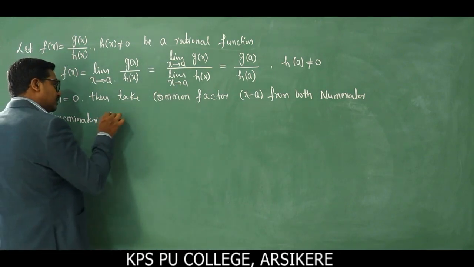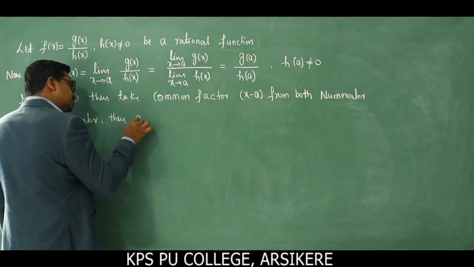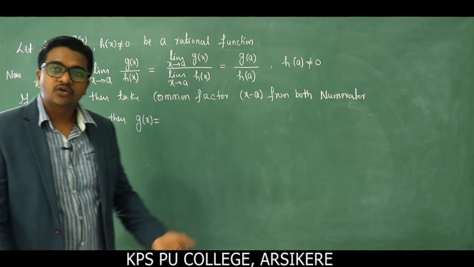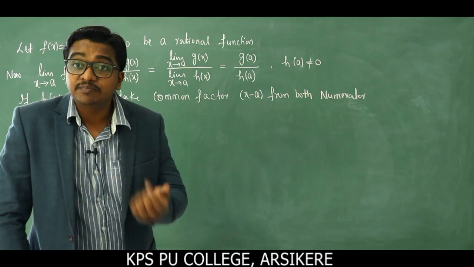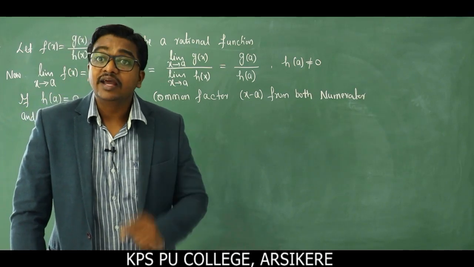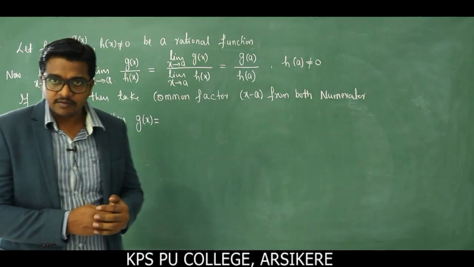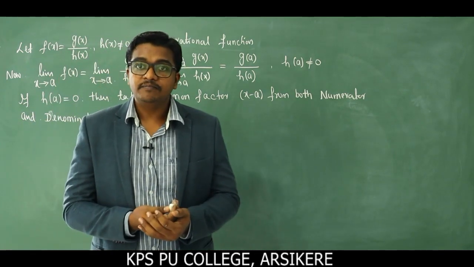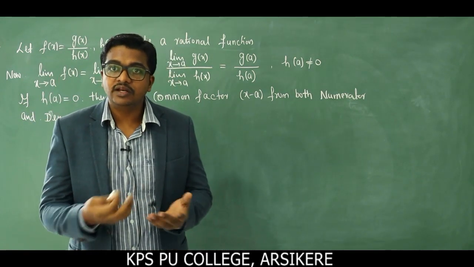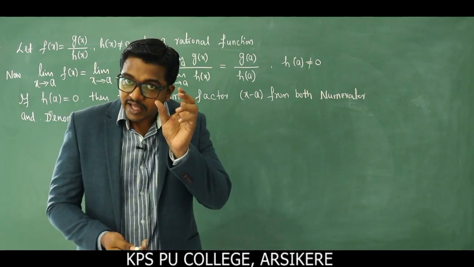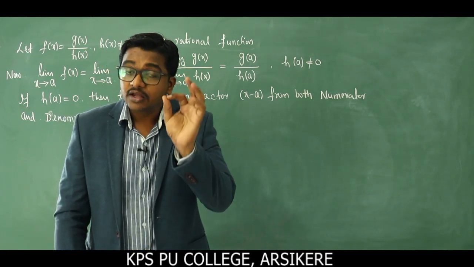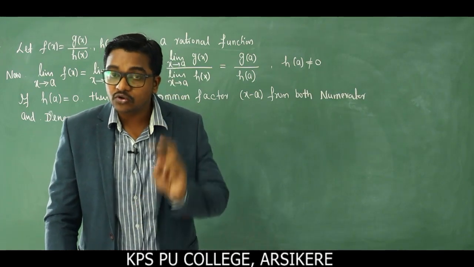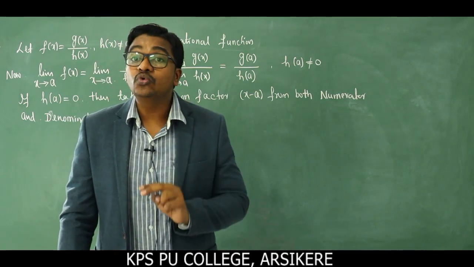Then understand what happens to g of x. Whenever we take x minus a as a common factor and x minus a repeats k times, generally we take that as repeated k times. So when we have x minus a whole square into x plus 2, here x minus a whole square repeats 2 times, so x minus a repeats 2 times.